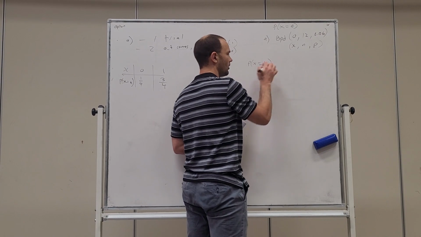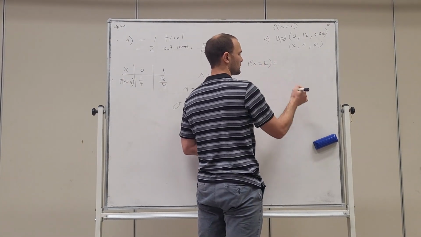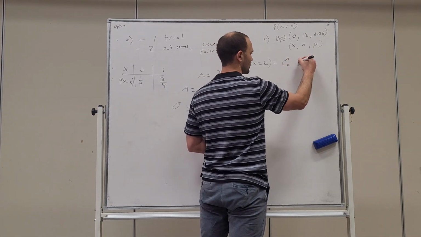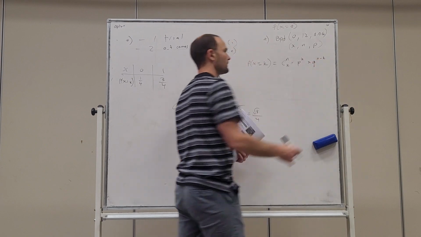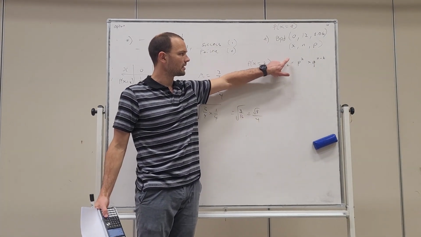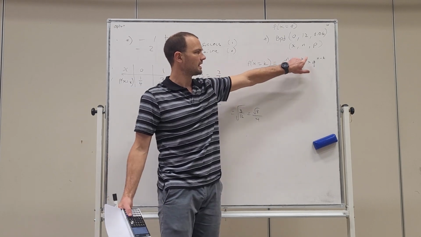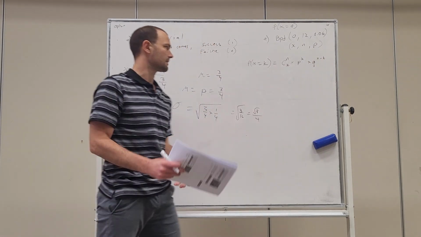The probability of the binomial variable being a particular event is equal to this formula here. Okay? The number of ways we can have k successes from n trials, the probability of a success to the number of successes, the probability of failure to the number of failures.